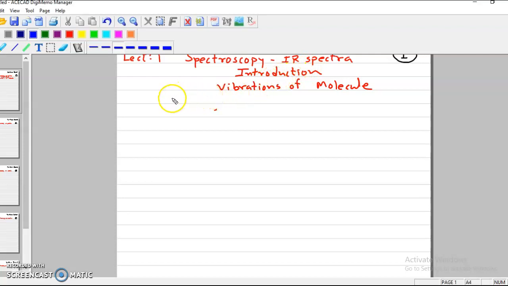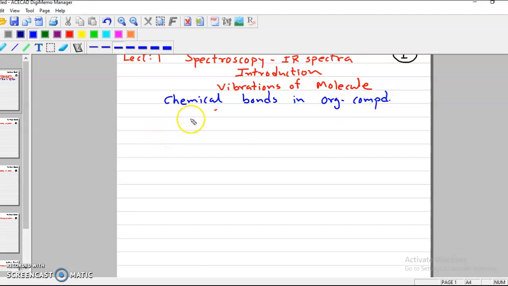So it starts with, in fact, chemical bonds. In this chapter, we are dealing mainly with chemical bonds in organic compounds, because we have to find out IR spectra of organic compounds.